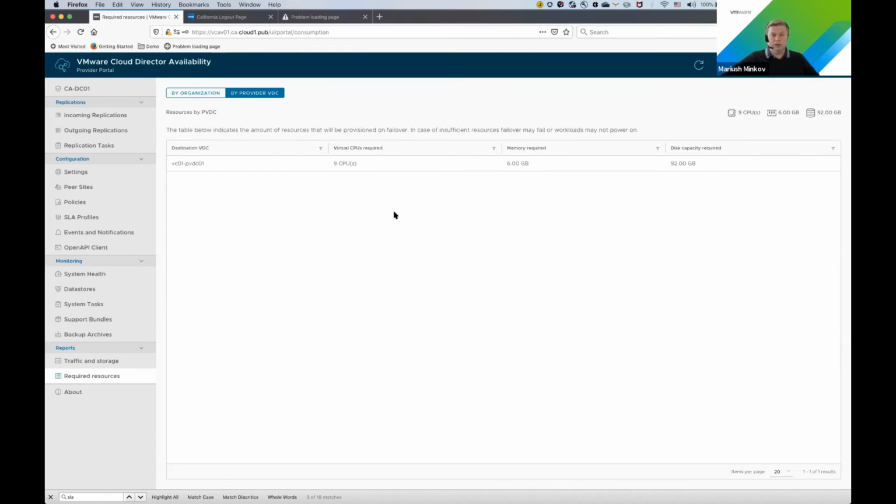So if the VM has been configured with 2 CPUs at the source, these are going to be provisioned as 2 virtual CPUs in the destination org VDC, and this is what they will accumulate to. What is the actual reservation and the actual usage of the CPU resource is something that we are not counting here. Yeah, you'd have to look into VCD, into the org VDC itself.